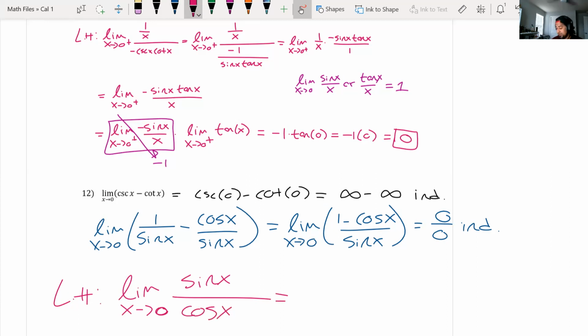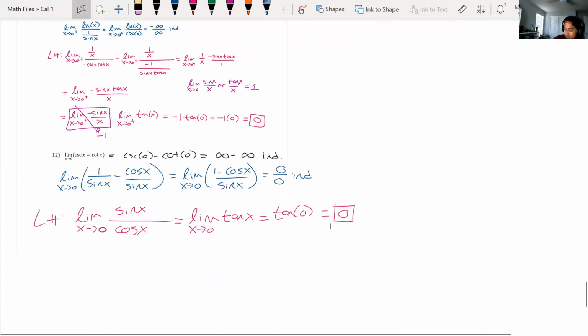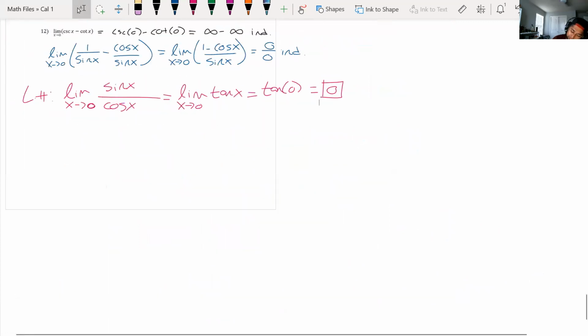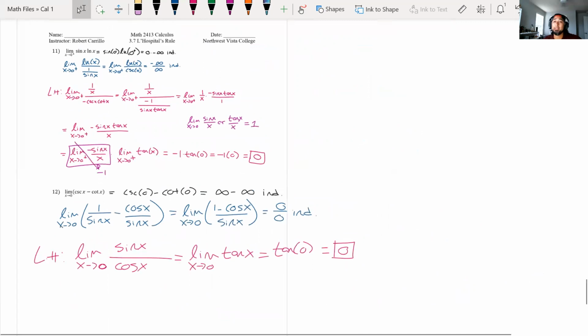And now you can plug in 0 to both, or you can rewrite it as tangent x. And what is tangent at 0? 0. And there it is, y'all. L'Hopital's. Breathe it in. All the trig and algebra you can handle. All right, but that finishes that.